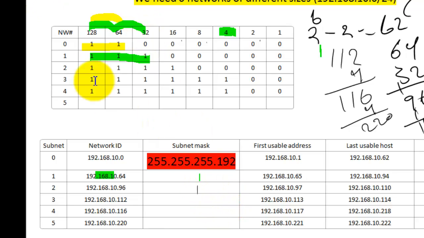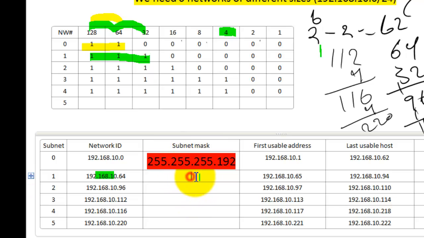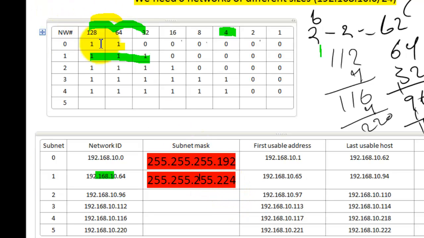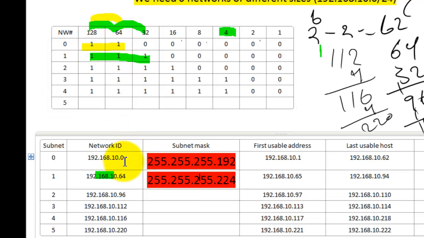So the mask would be 255.255.255.224. Here, because we borrowed 2 bits, that would be slash 26, because 24, 25, 26. Here we borrowed 3 bits, which is this one, and this one. So it will be slash 27.